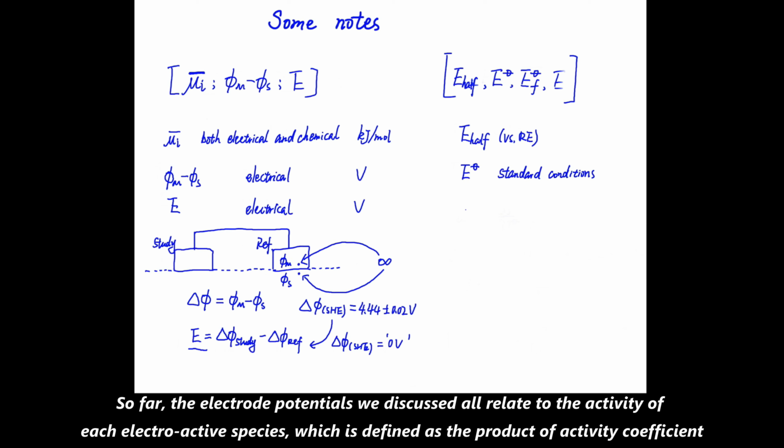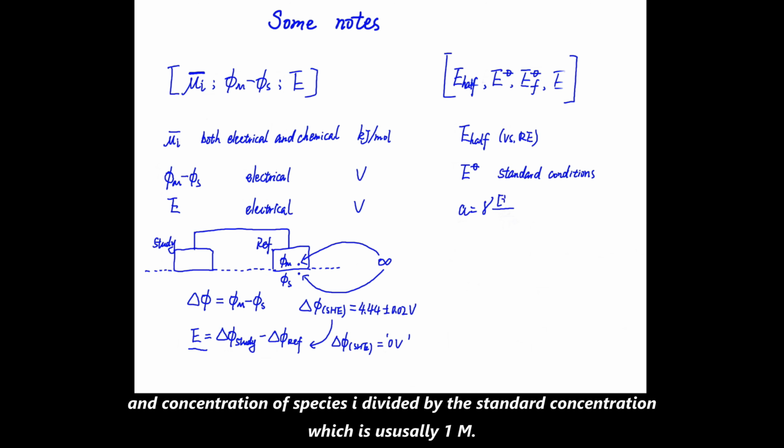So far, the electrode potentials we discussed all relate to the activity of each electroactive species, which is defined as the product of the activity coefficient and the concentration of species i divided by the standard concentration, which is usually 1 molar.